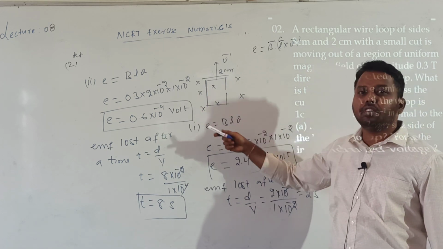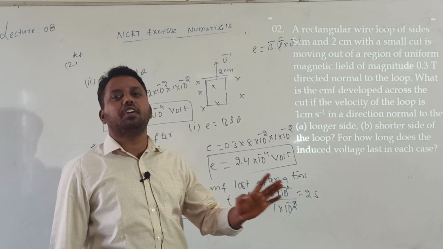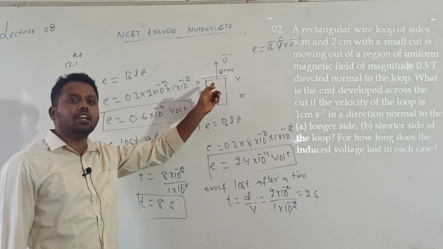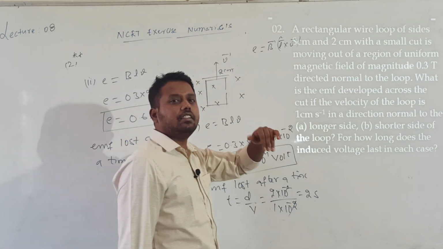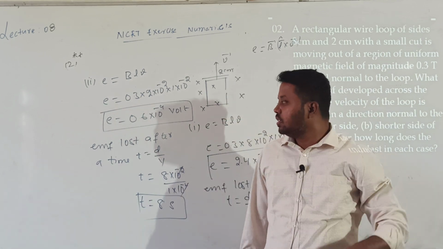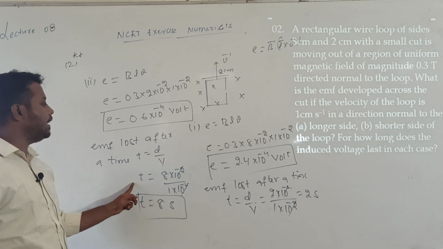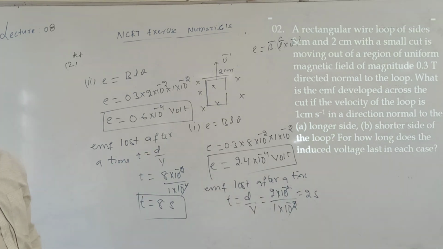That's why there is no EMF. And one more thing you have to get is that the EMF will not exist for a long time. Once the loop comes out completely from the magnetic field, the flux change value will become 0. At that time the induced EMF value will be 0. So the induced EMF will last for how much time? That is given by T equal to D by v. Understood? So this is question number 2.